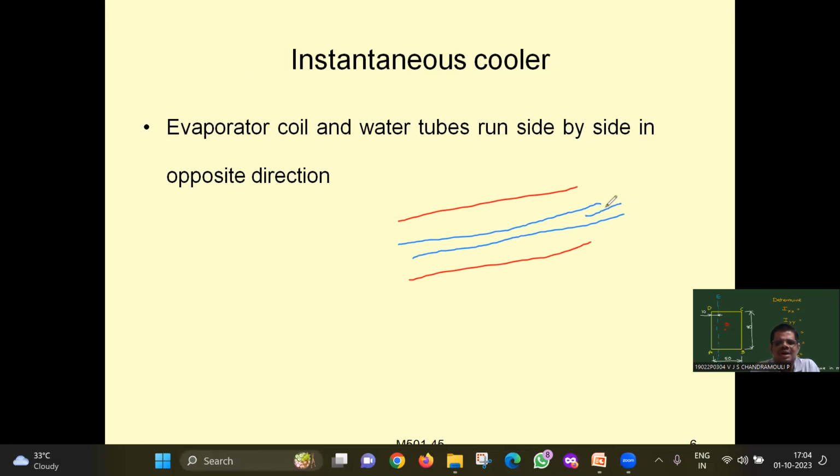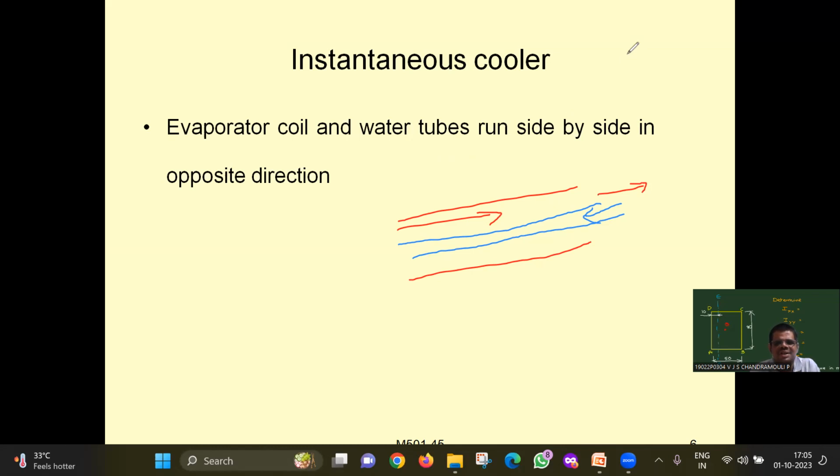So the refrigerant flows in this direction, and the water flows in this direction, so that there is an exchange of heat between the water outside this evaporator tube and the refrigerant inside the evaporator tube, so that at the end of the tube you will get cooling water directly. So it is instantaneous.